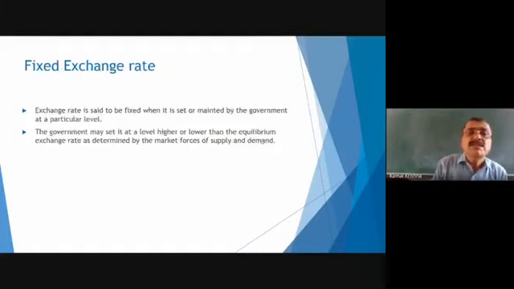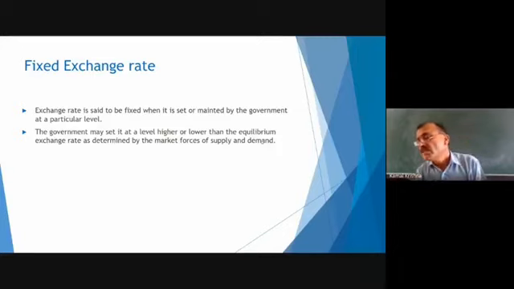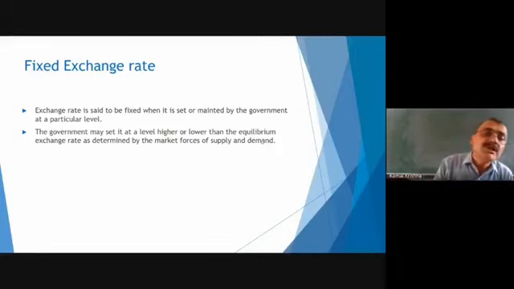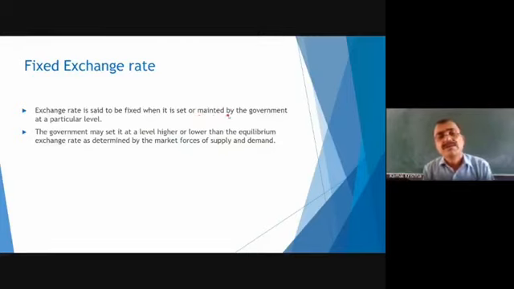Now the next is the fixed exchange rate. This is the second component of the exchange rate. The exchange rate is said to be fixed when it is set or maintained by the government at a particular level. It means that the fixed exchange rate is fixed by the government.